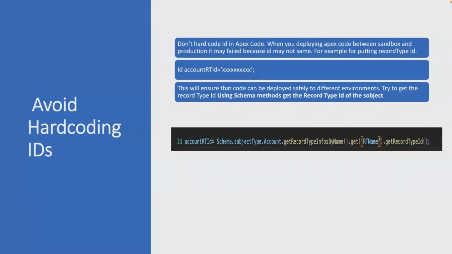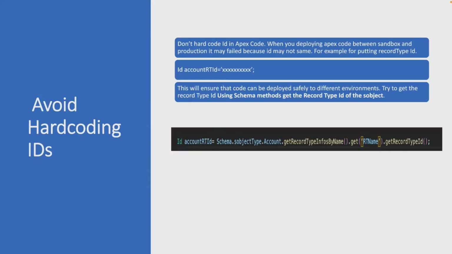We will usually add a record type ID as a hard-coded value. Instead of hard coding, we should use Schema.SObjectType for the sObject type, give the name of the record type, and it will return the record type.